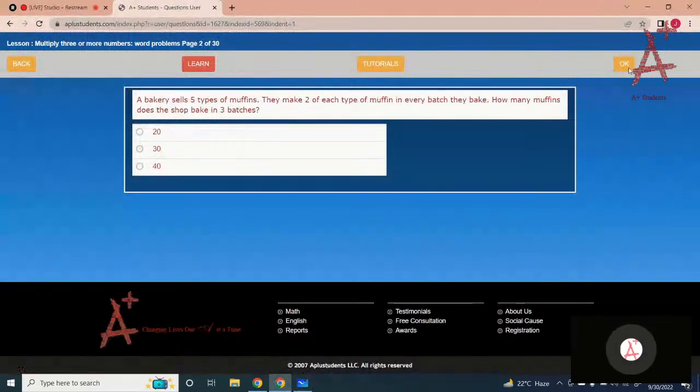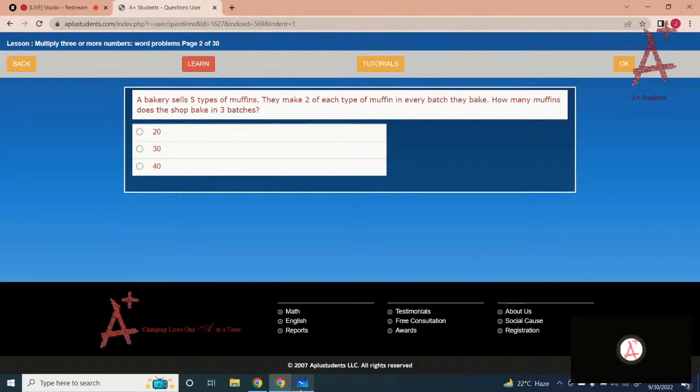Okay, a bakery sells 5 types of muffins. They make 2 of each type of muffin in each batch they bake. How many muffins does the shop bake in 3 batches? So you have to do 5 times 2 times 3.